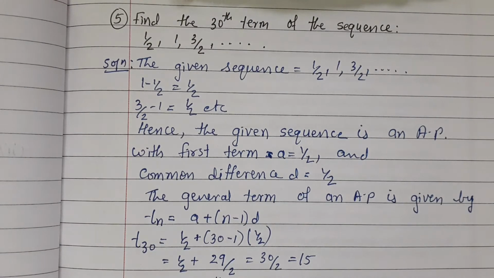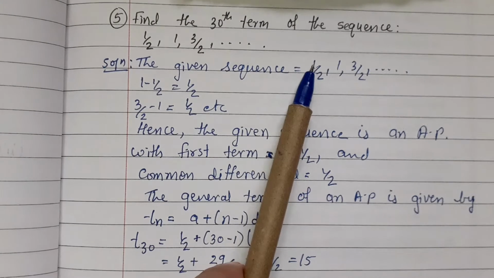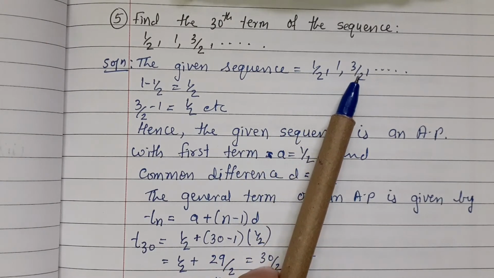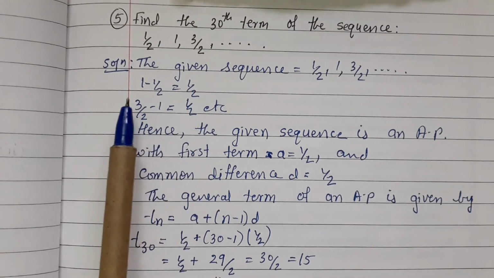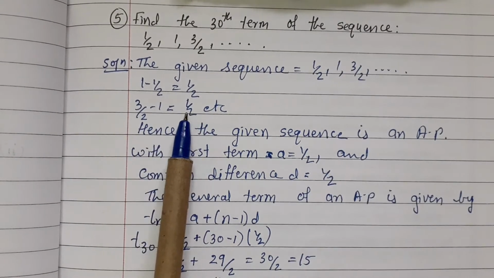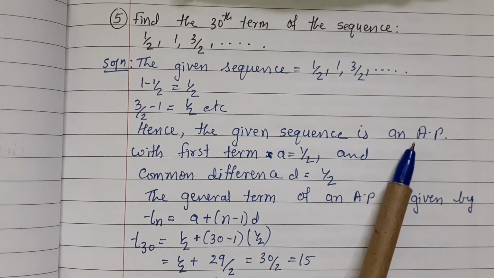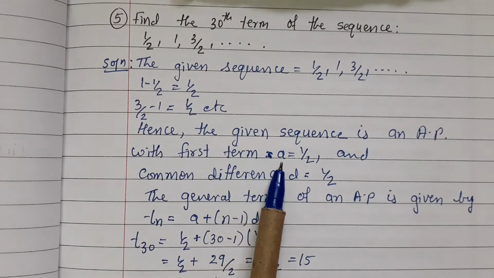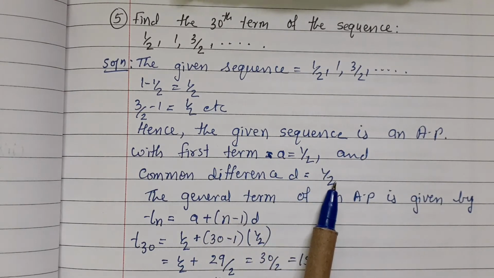Sum number 5. Find the 30th term of the sequence 1/2, 1, 3/2 and so on. The given sequence is 1/2, 1, 3/2, and so on. 1 minus 1/2 is 1/2. 3/2 minus 1 is 1/2, etc. Hence, the given sequence is an AP with first term A equal to 1/2 and common difference D equal to 1/2.